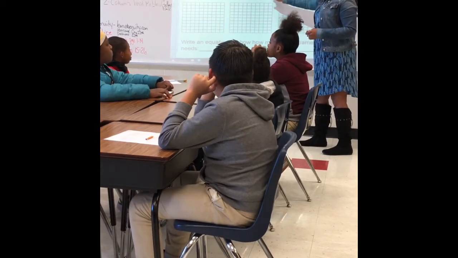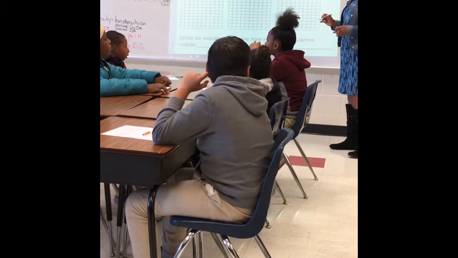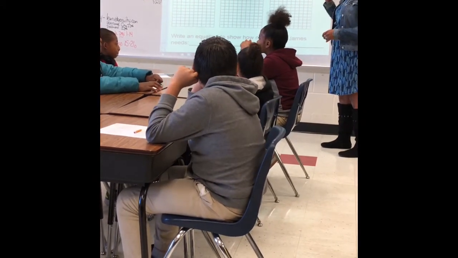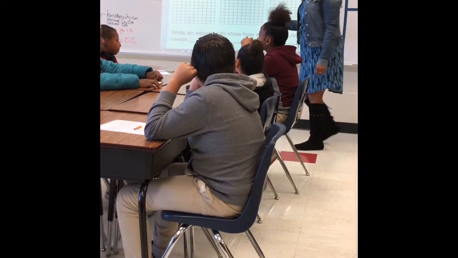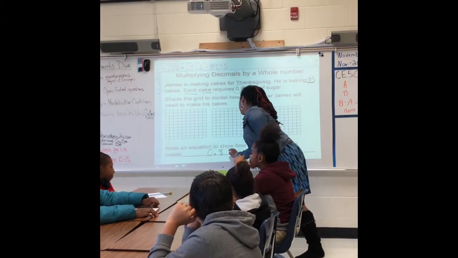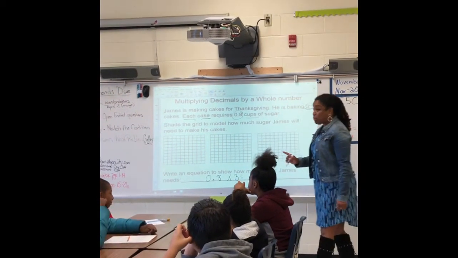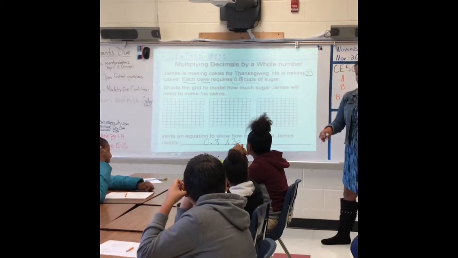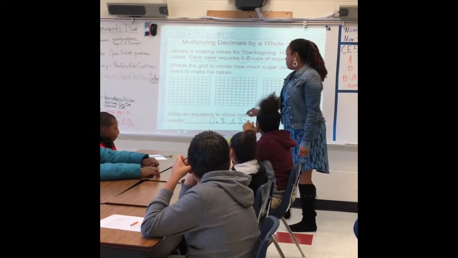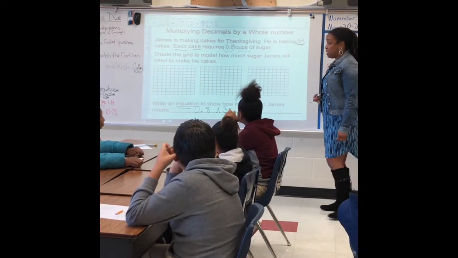So 3 cakes and in each cake. So I know that the word each means multiply. So this is telling me that my expression is 8/10 times 3. Now, I said expression because I don't have an answer yet. But I have to get an answer to make this an equation.